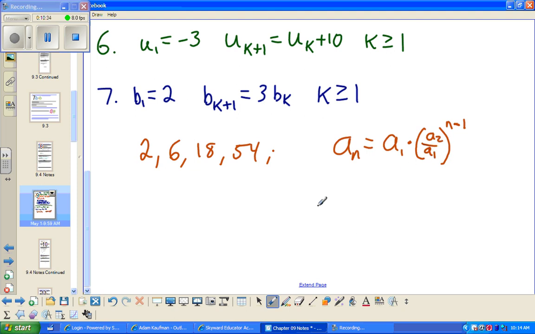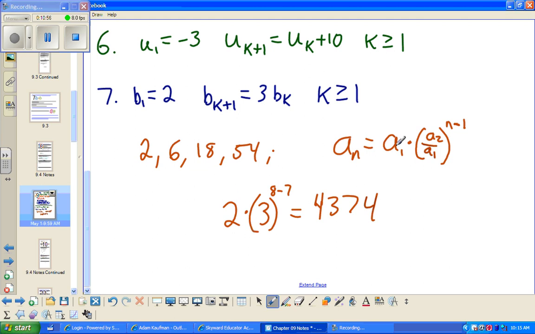So to get the 8th term, we're going to take 2 times 3 raised to the 8 minus 1, or 7, which equals, I believe, 4374.